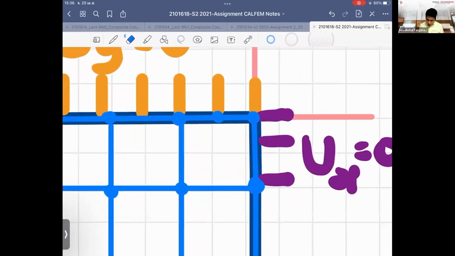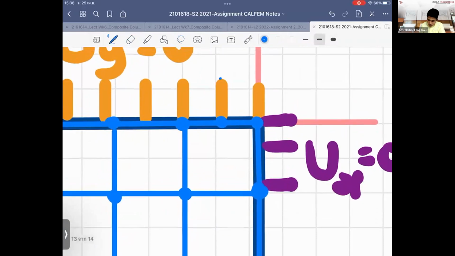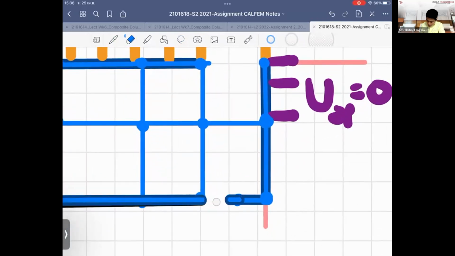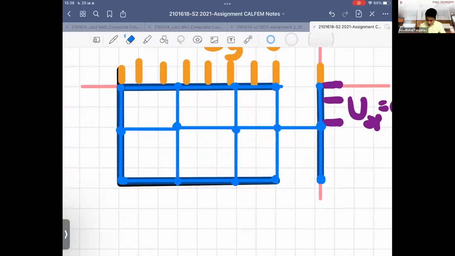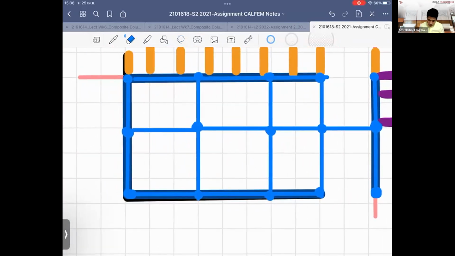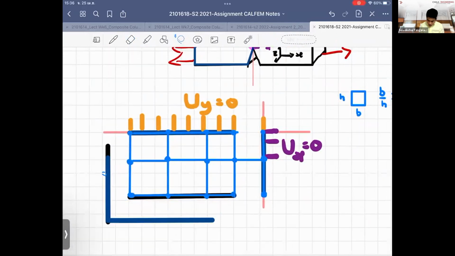So I decided to remove the node. But I decided to remove the node here as well. And when we remove it, we can also remove the boundary as well, but we don't need it anymore.